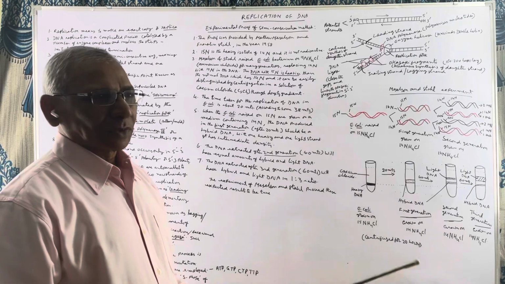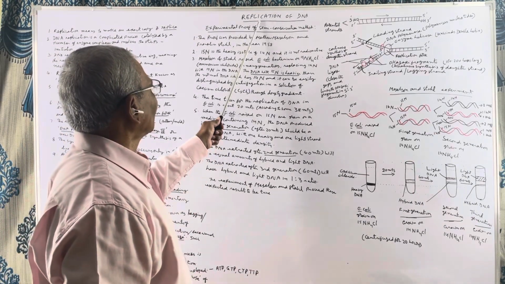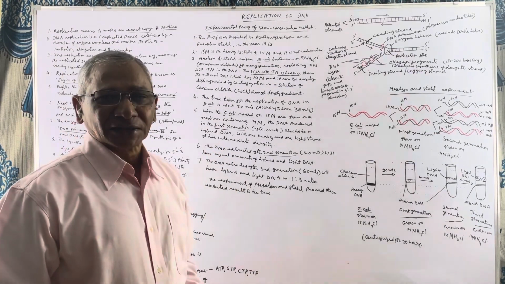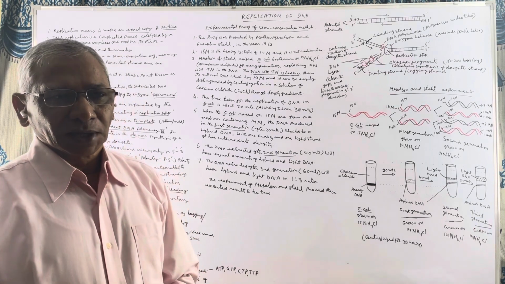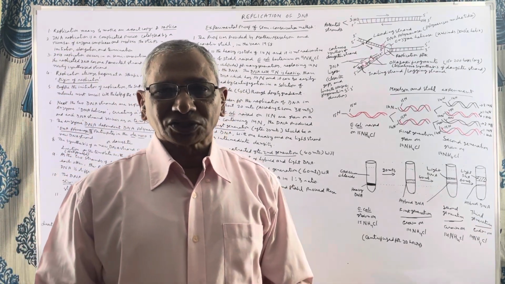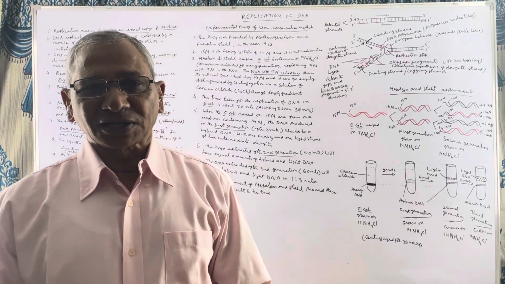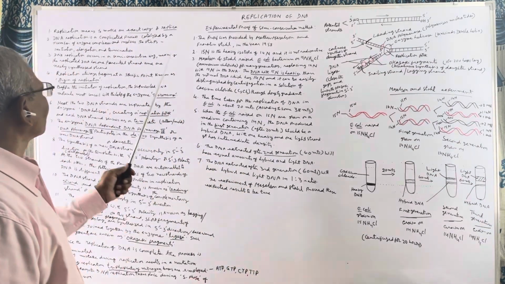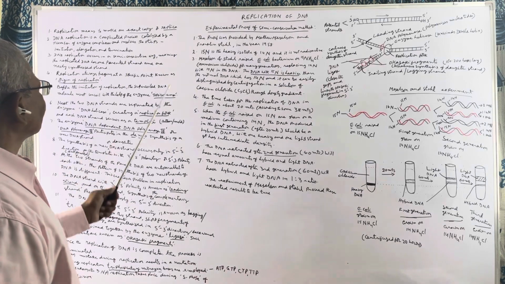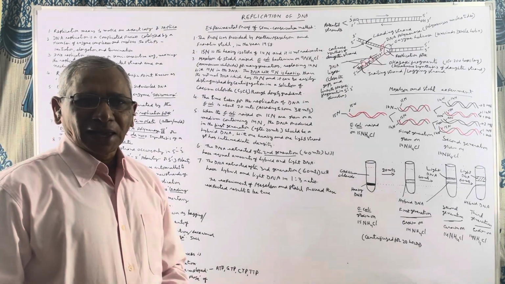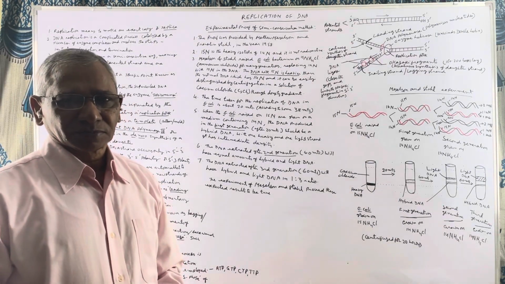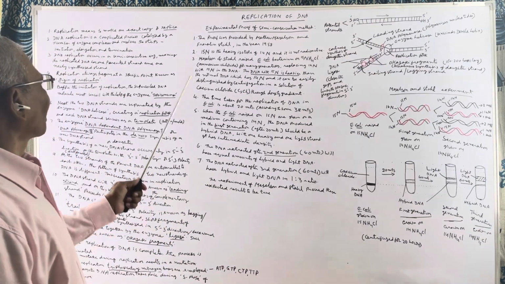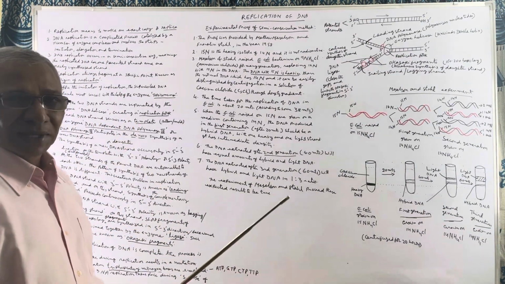Today, I am taking up the topic replication of DNA. Replication is one of the important properties of the genetic material. Replication means making an exact copy of itself or making a replica of itself.